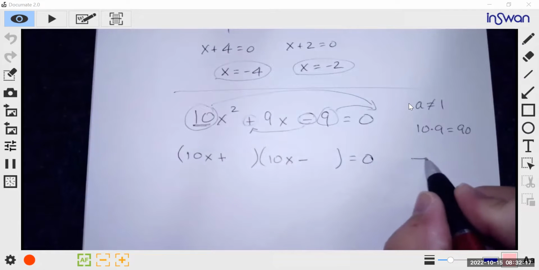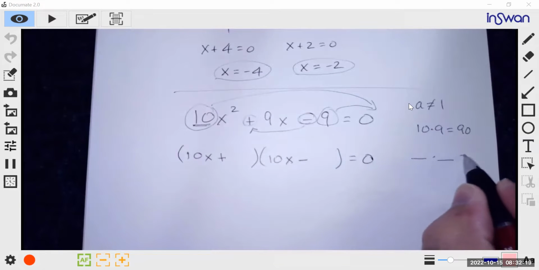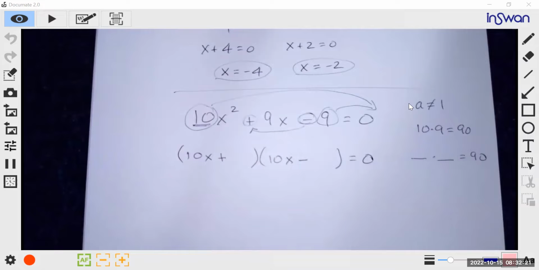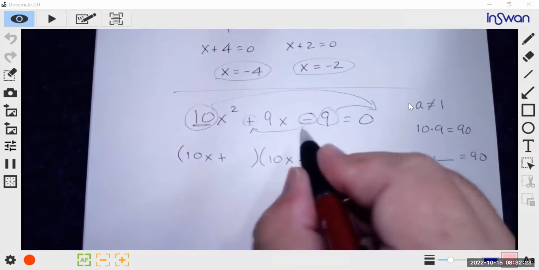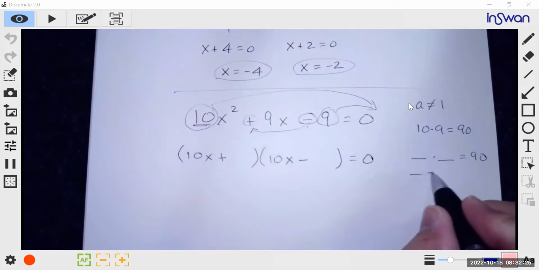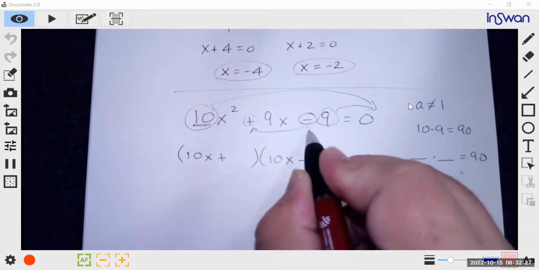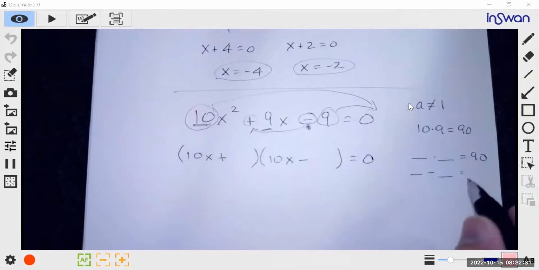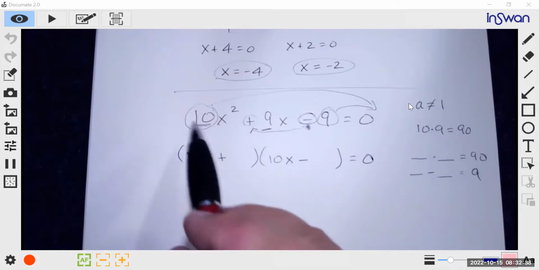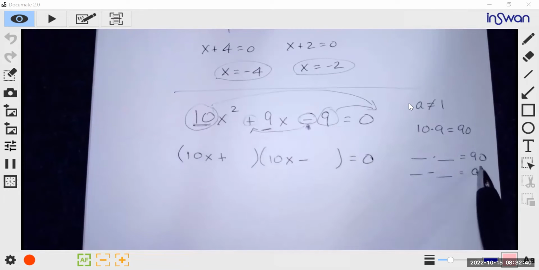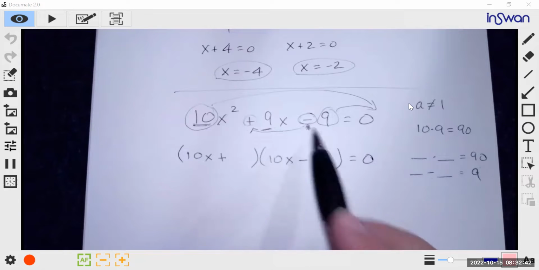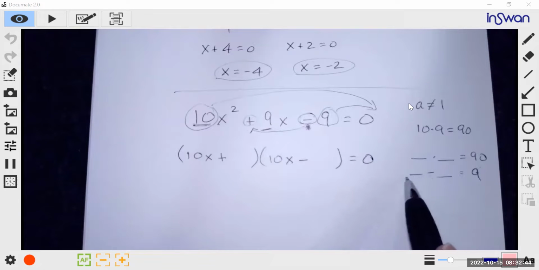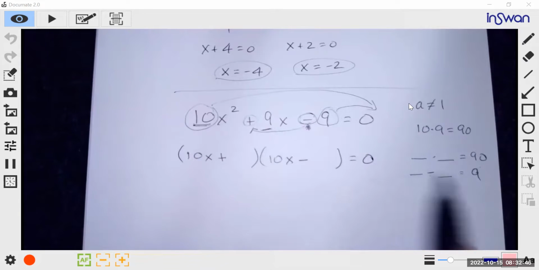Now we have to figure out what times what is 90, that when we subtract them, because that's a minus, that's a subtraction, it has to equal the middle term, 9. So multiply the first and last term, gives me 90. Since the second sign is a minus, I figure out what times what minus what equals the middle term.